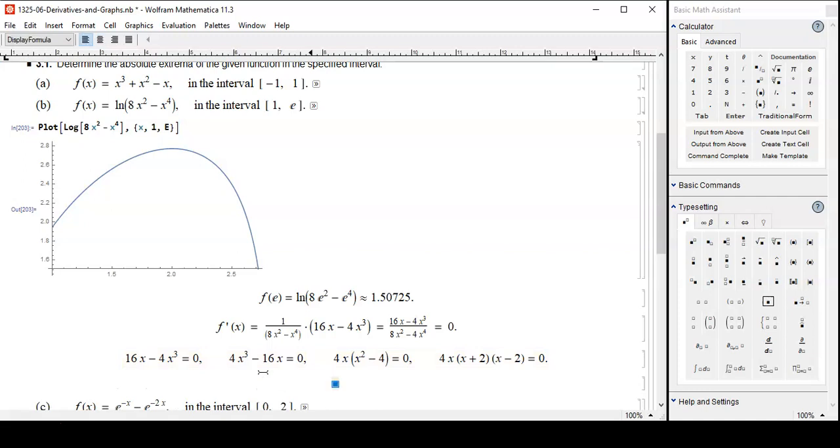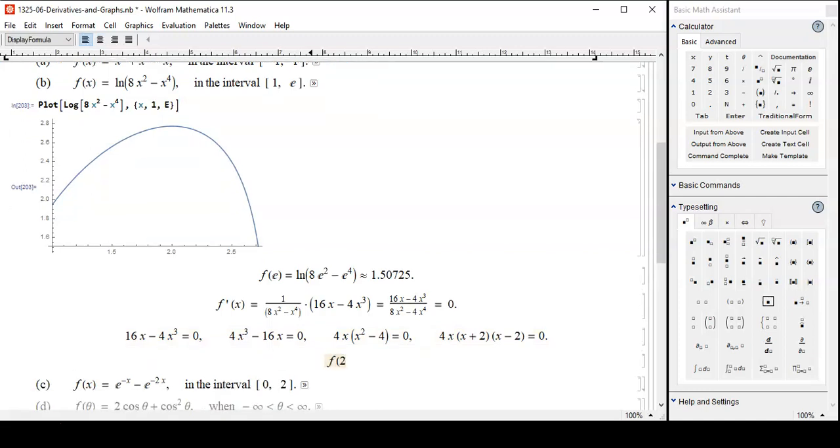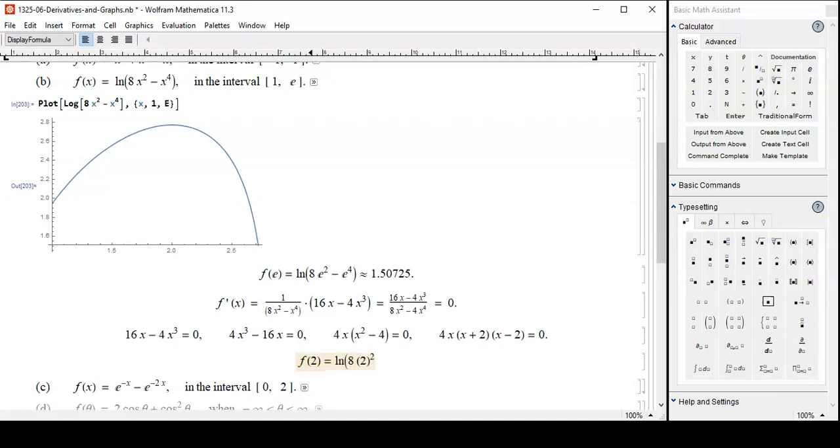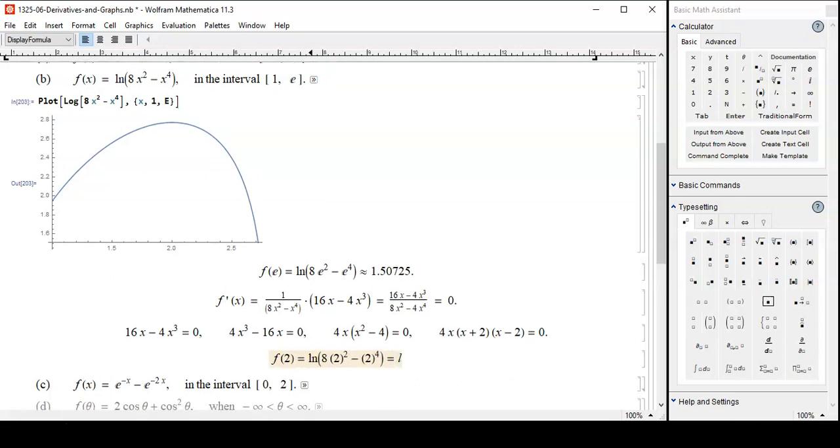So we have local maximum f of 2, which is log of 2 squared... minus 2 to the 4th power, which is log of 8 times 4, 32 minus 16. Yeah, okay, that's log of 16.